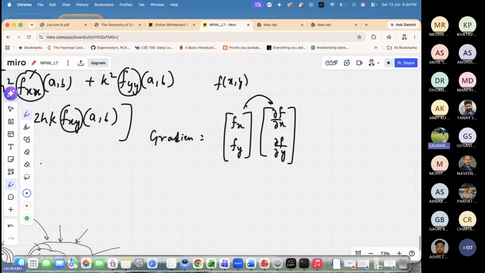It's basically the same thing. This is the gradient. Gradient is the first order derivative of the function with respect to the two variables that you have, one with respect to x, one with respect to y. Gradient tells you the direction of steepest ascent, and I'll come to why this is called steepest ascent, but gradient tells you that.